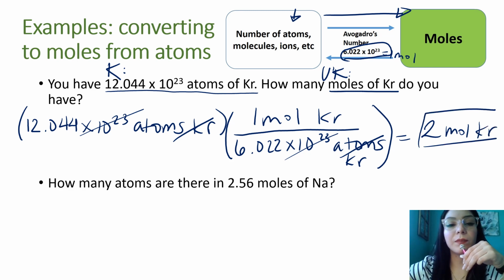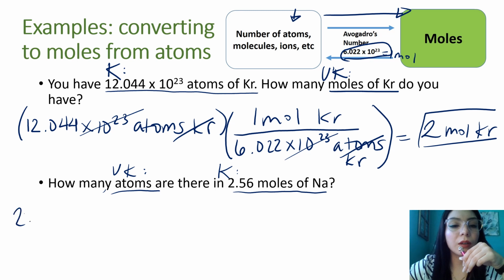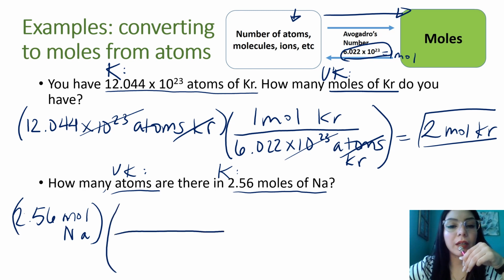So that one's easy. And then we are going from moles of sodium to atoms, right? So our known here is the moles, our unknown is the atoms. So let's go ahead and start with our known. Sodium. And then we need to go to atoms. So we're going to set up here the opposite.